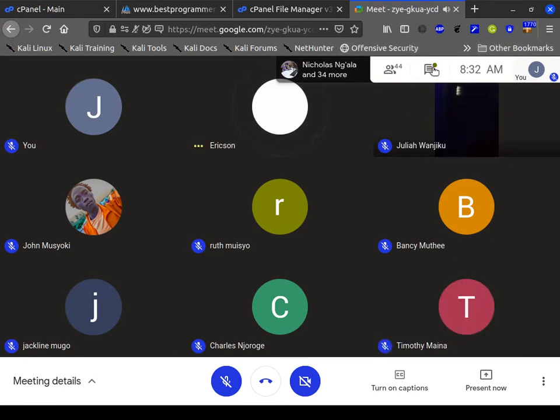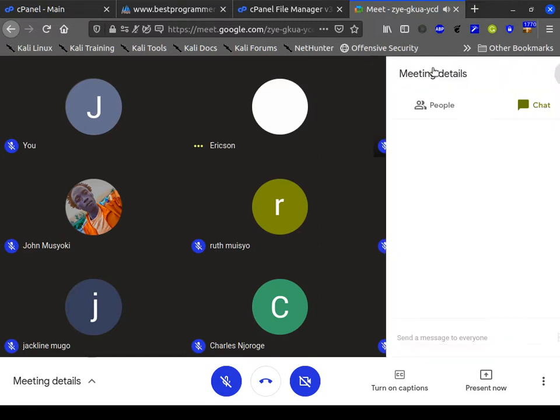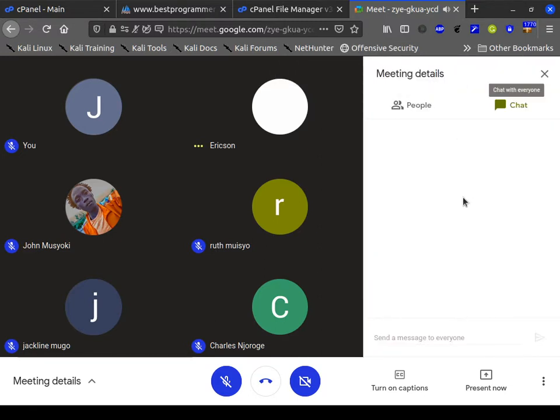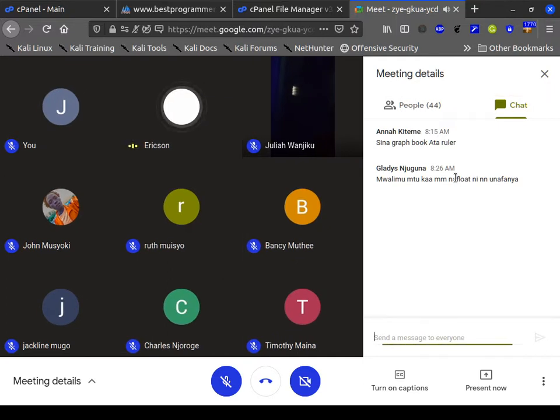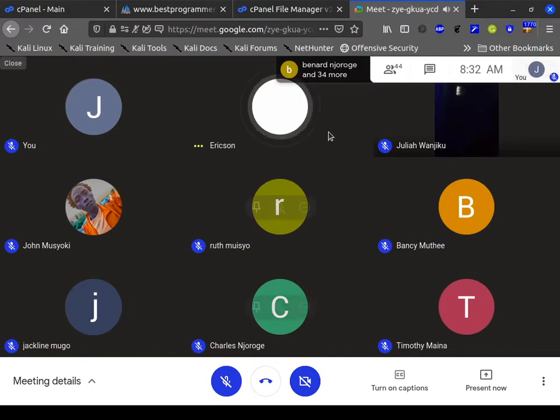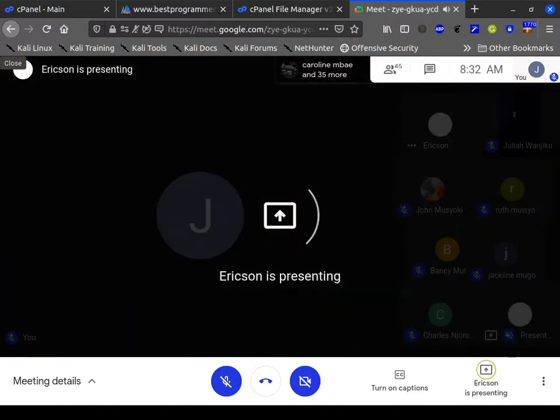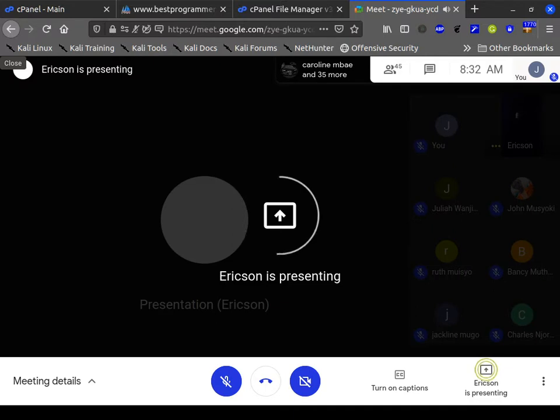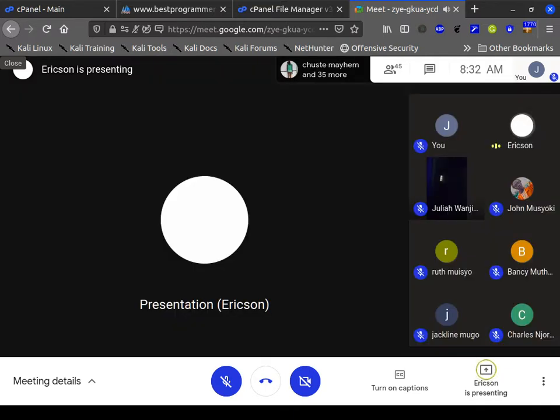So look at another example of calculating the gradient. You can draw a graph. Let me share my screen.